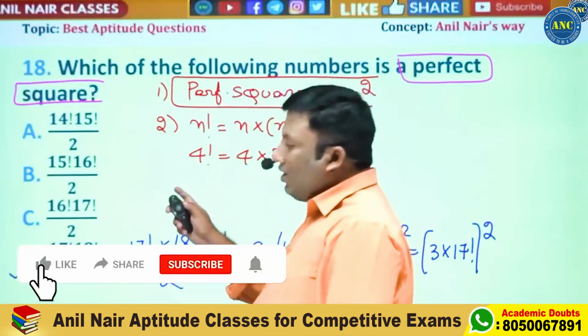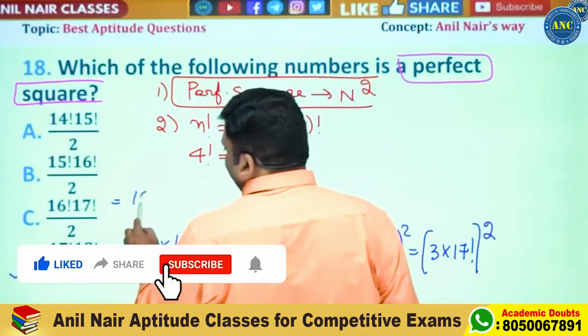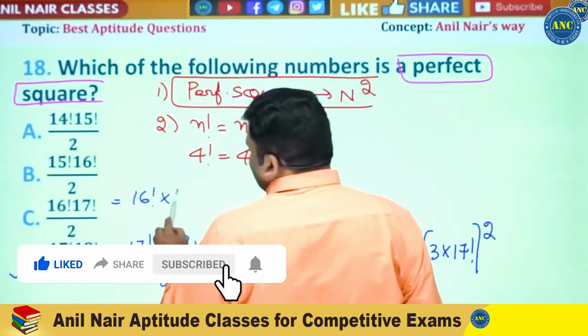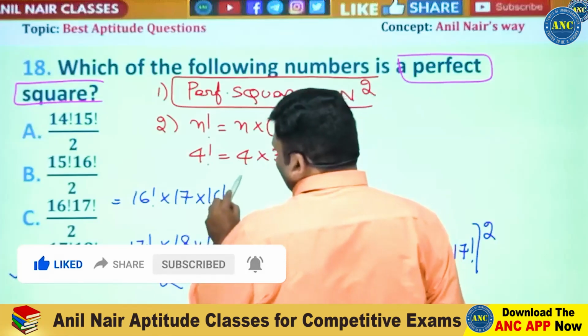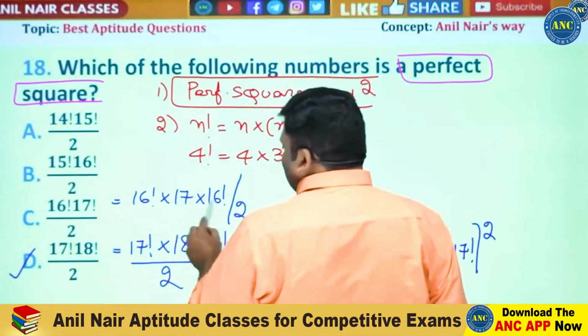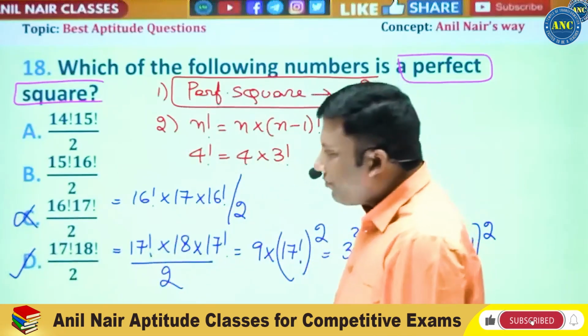Let us also see why the other numbers are not perfect squares. So this is 16 factorial into 17 factorial, and 17 factorial is 17 into 16 factorial divided by 2. 17 is not divisible by 2, so not possible.